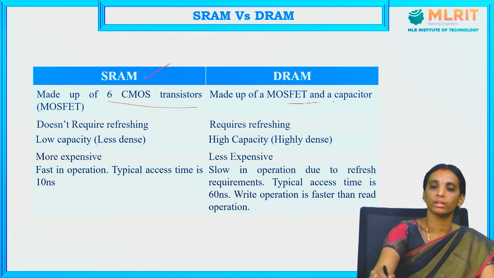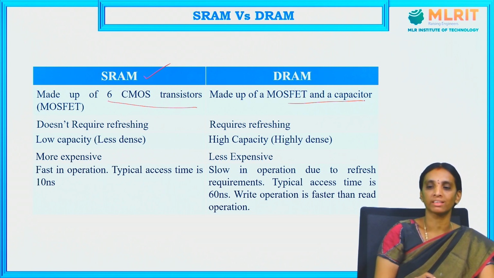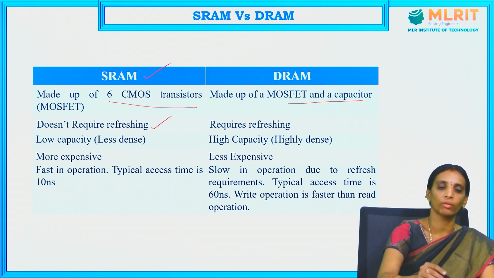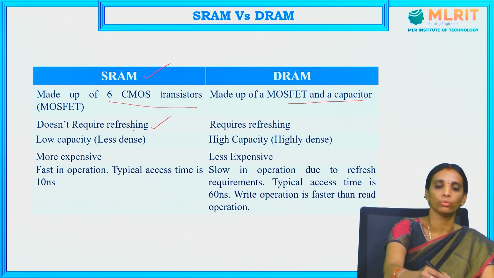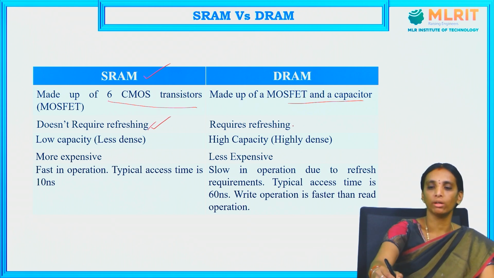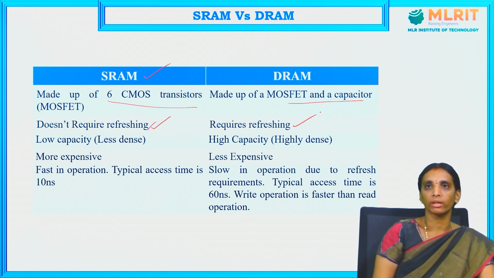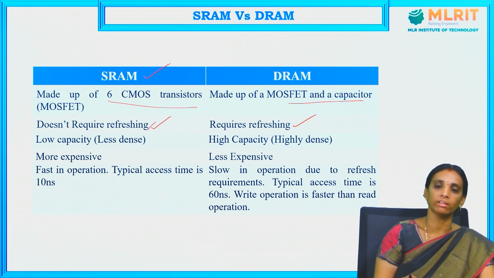The DRAM memory can be made with capacitors. SRAM does not require refreshing, as transistors operate frequently. Whenever we give the power supply, the transistor starts its operation, so there is no need of a refreshing circuit. DRAM requires refreshing because the capacitor needs some time to charge, and after that it will be discharged, so it needs a refreshing circuit at every interval.